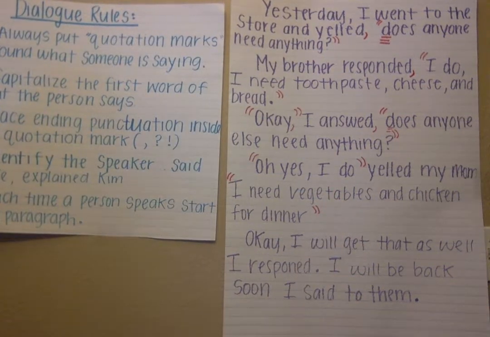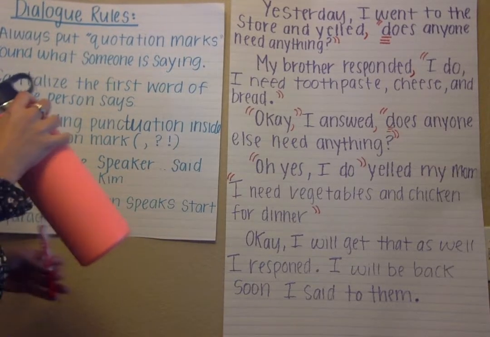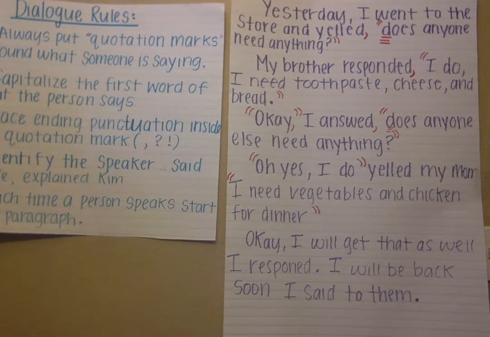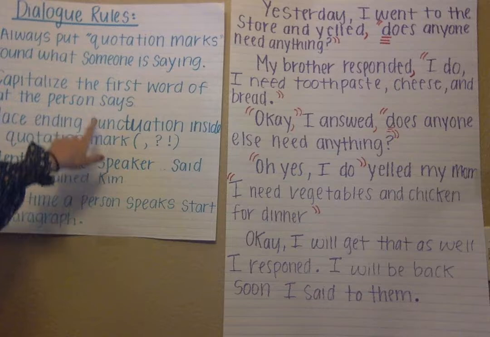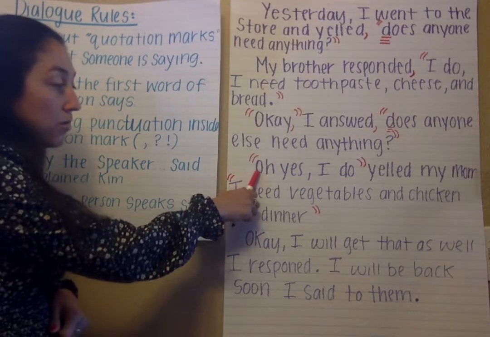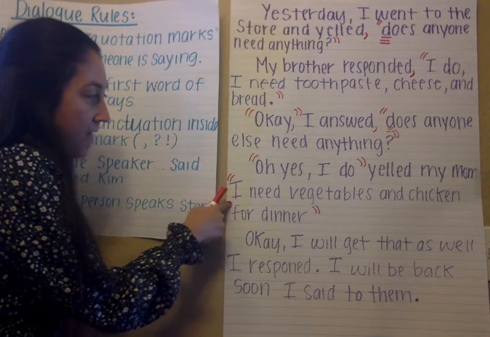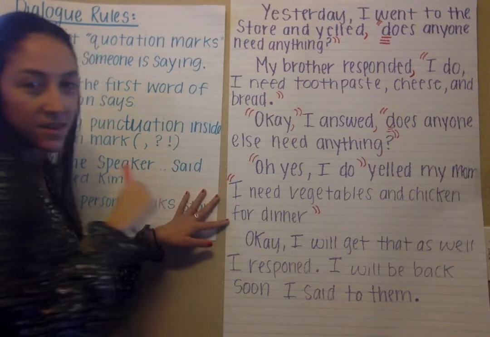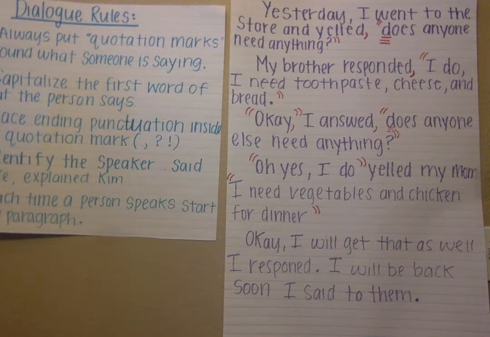Okay, so again, she spoke twice within that sentence. Now, we need to go back and capitalize the first word of what she said each time. So the O in Oh is capitalized, and the I, because that's already a capitalized word, is already capitalized as well. So we're okay there.